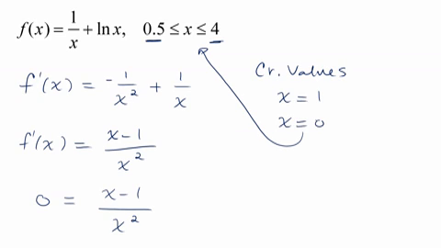So we can throw that critical value out. So we have three values of interest: positive 0.5, positive 4, and also positive 1. We will now plug these values back into the function to see what type of range values or function values we get.